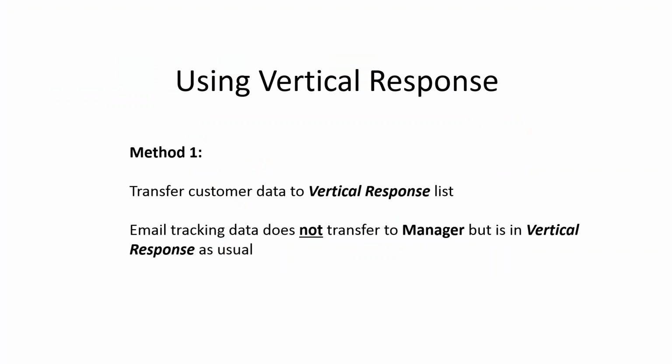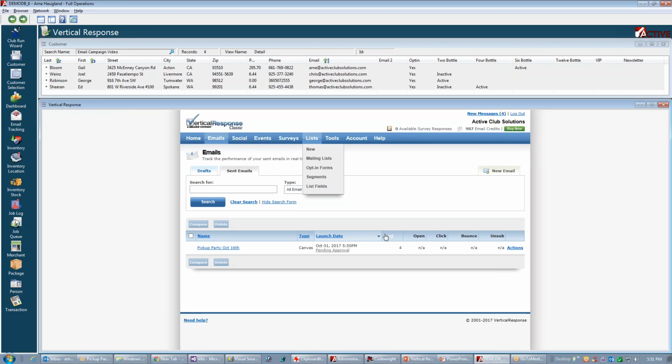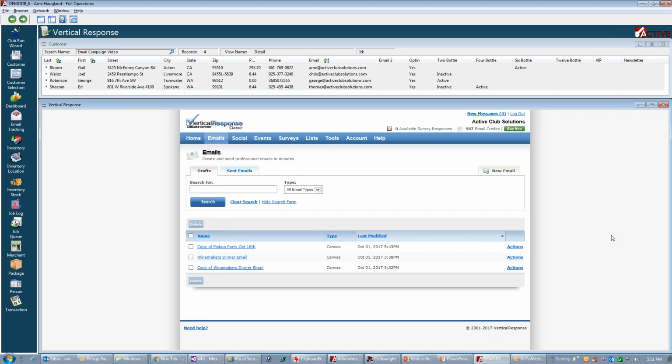Now let's go to a different one. Let's go to the second method, which is using Compose and Send. So I'm going to go back to my email drafts. There. And I want to pick this. I made a copy of my pickup party.